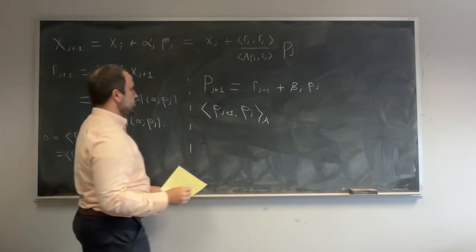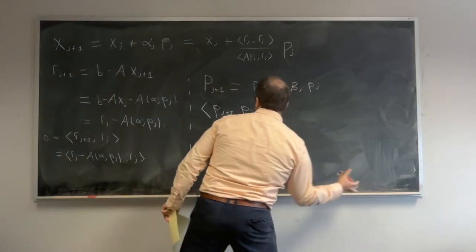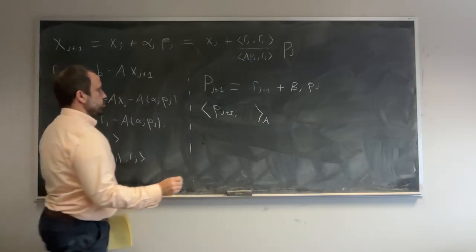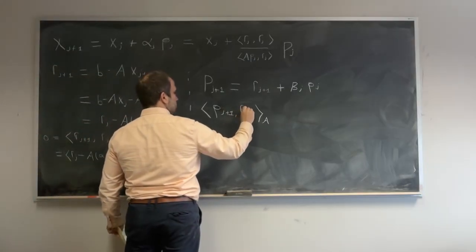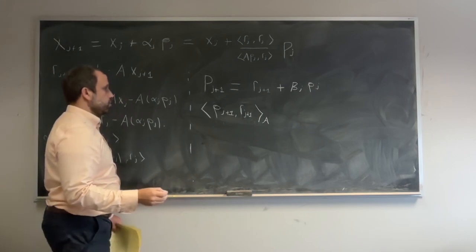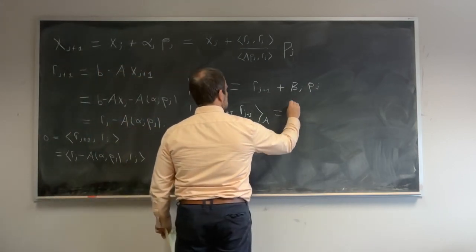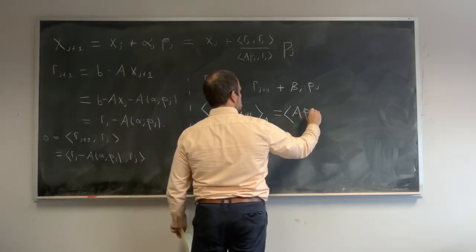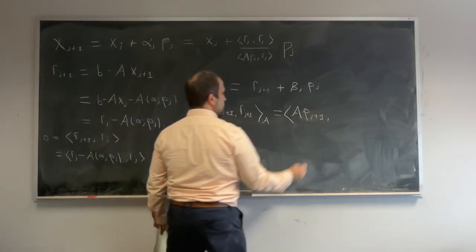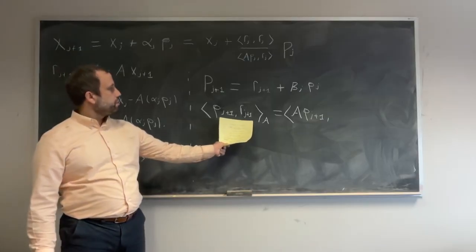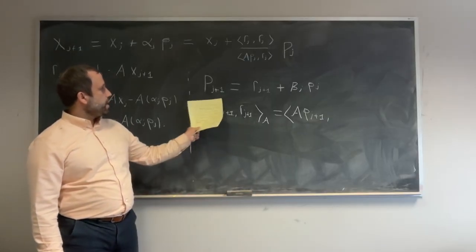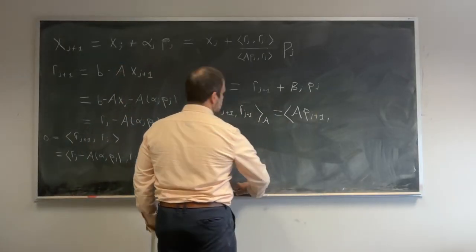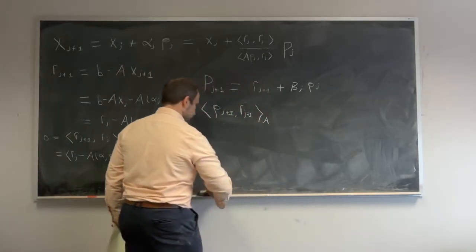Remember what this means. I'm going to do the inner product of p_{j+1} and r_{j+1} in the A inner product. By definition, it's going to be A p_{j+1}, r_{j+1}. But r_{j+1} is p_{j+1} minus beta_j p_j. Actually, I'm going to write this a little bit differently.